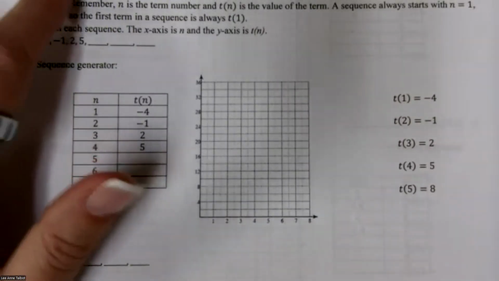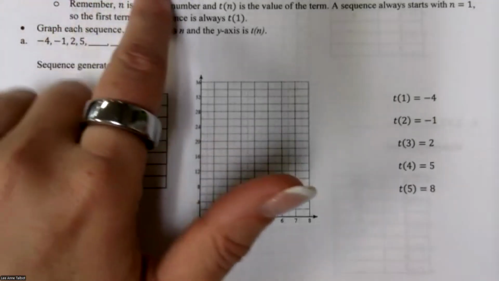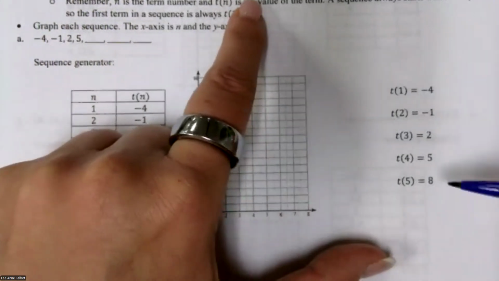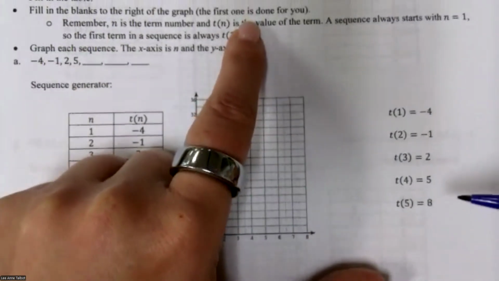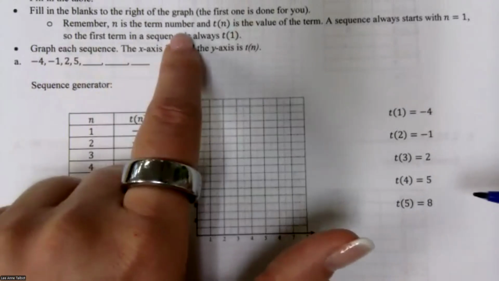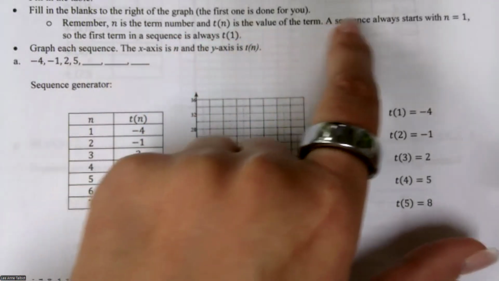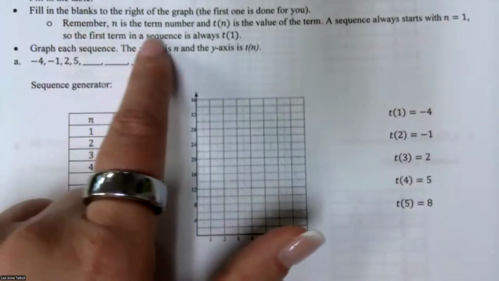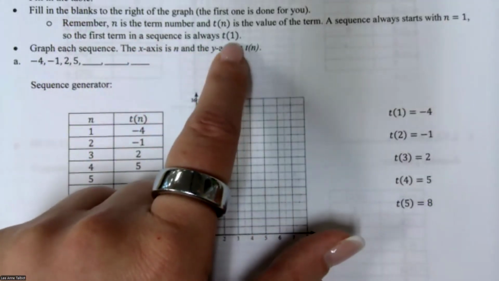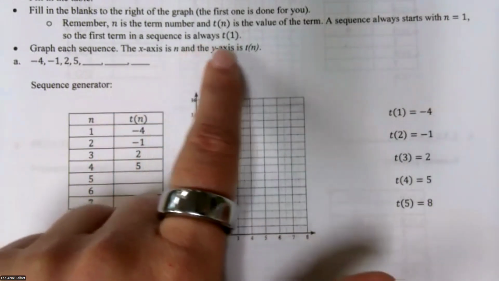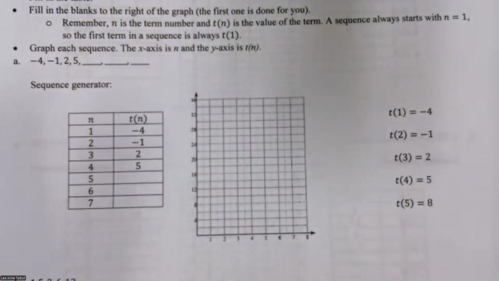Okay, so for each sequence, determine the sequence generator and use it to find the next terms. Fill in the table. Fill in the blanks to the right of the graph. The first one is done for you. Remember, n is the term number and T of n is the value of the term. A sequence always starts with 1, so the first term of the sequence is T1. Graph each sequence, the x-axis is n and the y-axis is T of n.